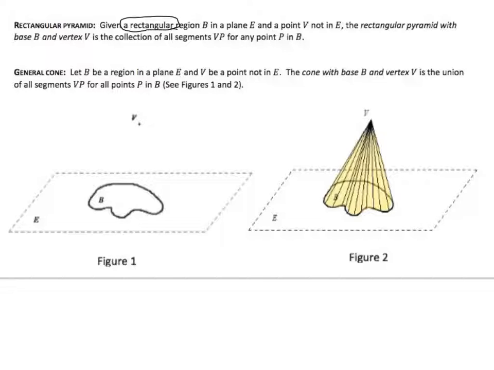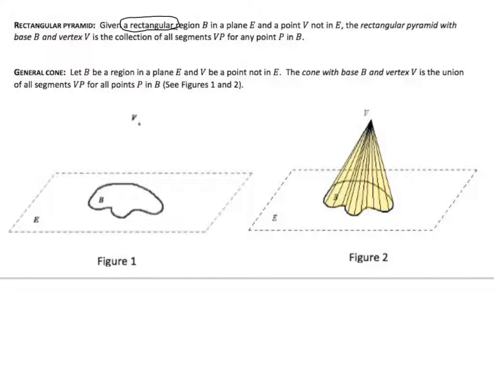So these two drawings on this page are not a rectangular pyramid because I don't have a rectangular region in B. The region I have here is a funny swimming pool shape. Or, I don't know, a polar bear. What do you guys think it looks like?